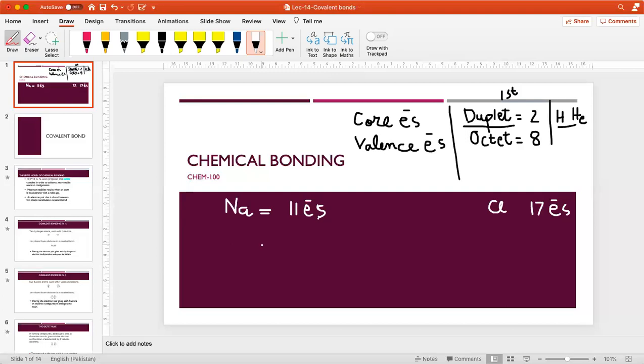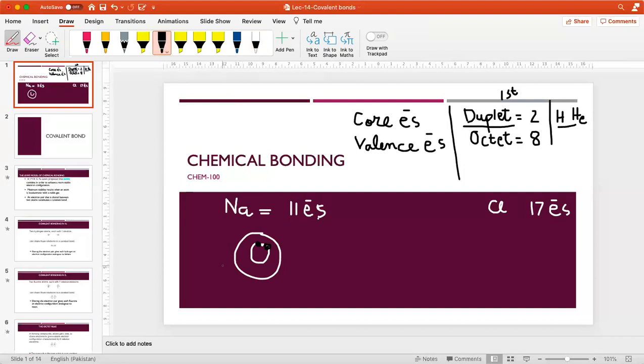So, let's start the distribution of these 11 electrons in sodium. In the first shell you will have 2 electrons, which is known as the duplet. In the second shell, the maximum number of electrons it can accommodate is 8.